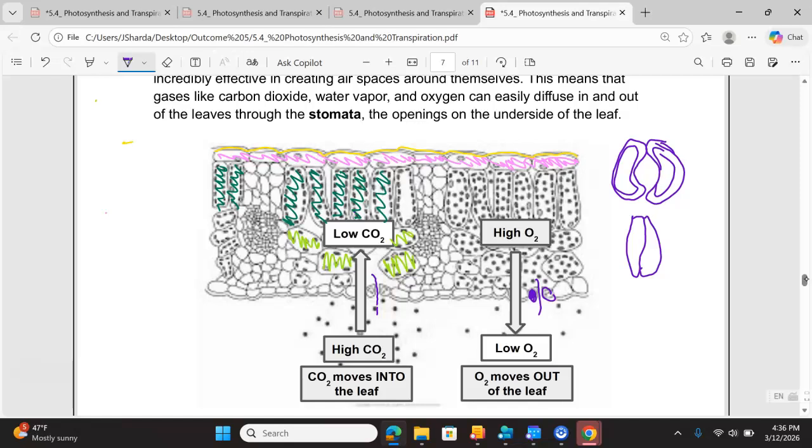Once it gets lower than what it is outside in the air, those CO2 molecules are going to go in. That's just how diffusion works, right? In the same way, if we're making a lot of oxygen through photosynthesis, this is going to flow out once this concentration is higher than the air's outside, okay?